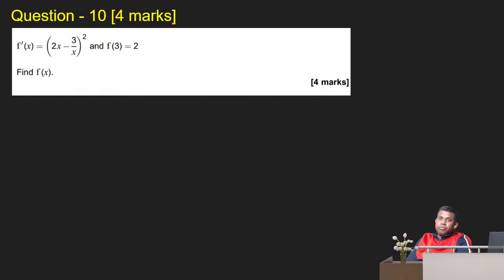Question number 10: f'(x), the notation for the first derivative, is given as (2x minus 3 over x) all squared, and f(3) is equal to 2. Find f(x). You need to understand that integration of f'(x) gives f(x) plus c.